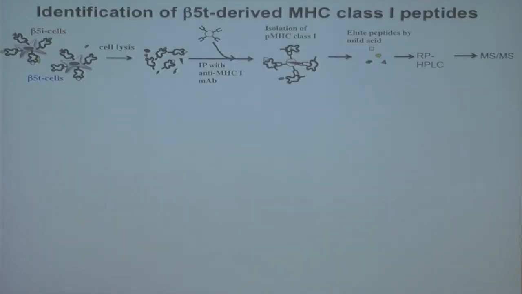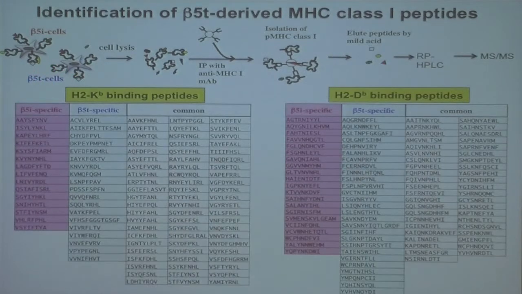So we tested this in the cells we made, the beta-5i cell and the beta-5T-only expression cell. And then we immunopurified the two major MHC class I molecules, and their peptides were analyzed by mass analysis.